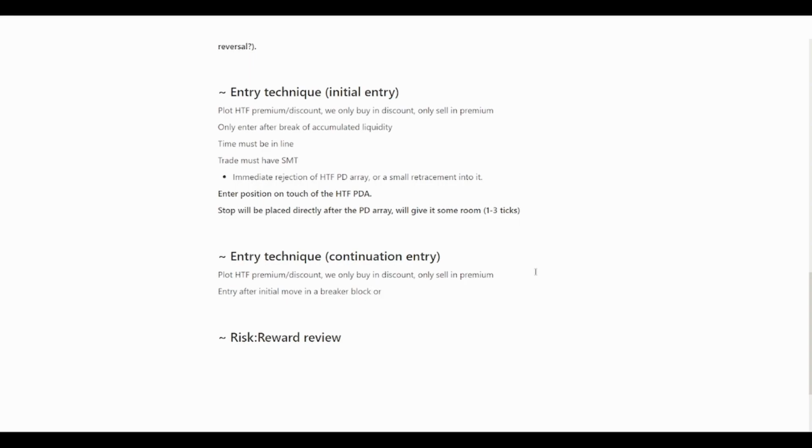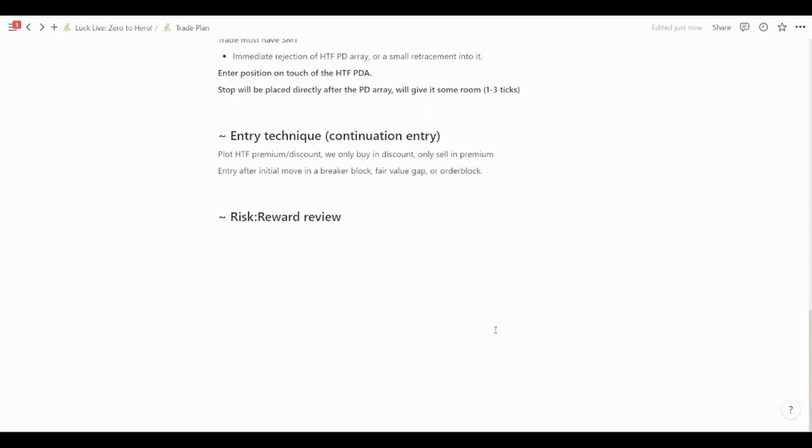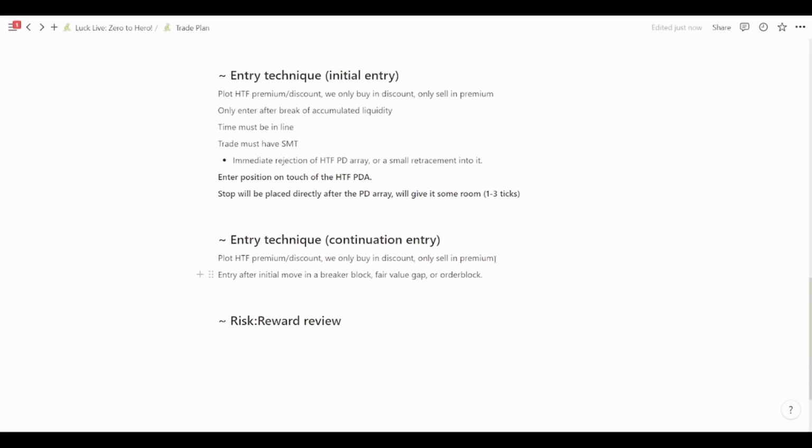Or, well, actually, no. We'll do breaker blocks, fair value gap, or order block. Let's do that. So our continuation entry after we have our initial entry is going to be looking for the continuation of the trend, based on our narrative, in a breaker block, fair value gap, or order block. Simple, right? We're not going to dig into that too much.